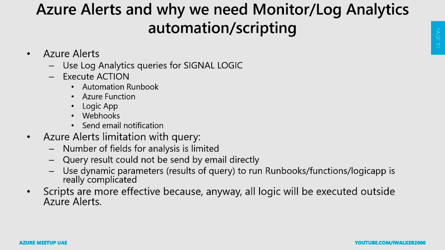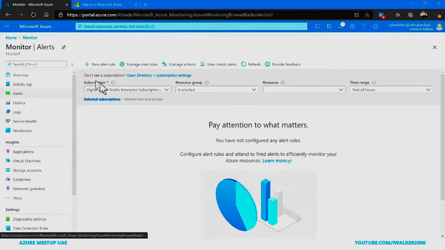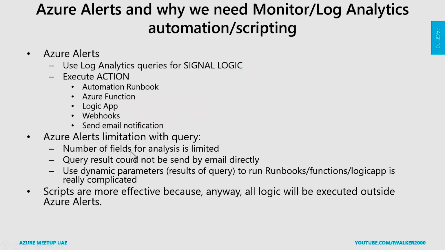So this is one issue. Second issue, you can't send the query result with the email directly. Yes, you can send the notification inside the alert, but it's not possible to send the result directly with required review, with required additional ways, etc.